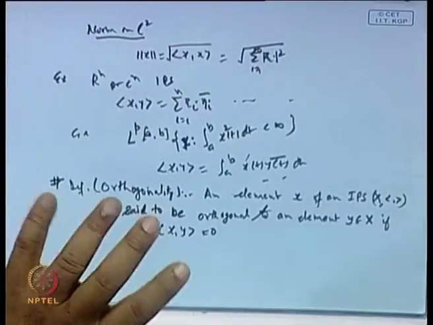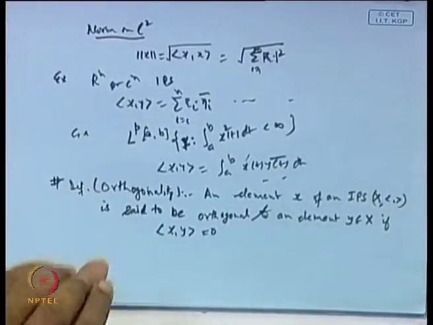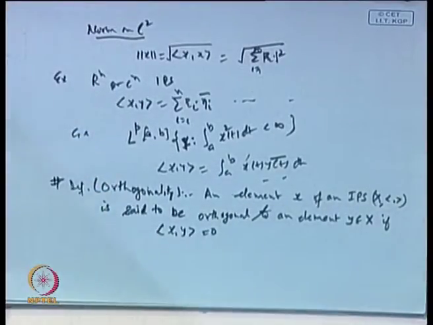It means that we take an element x, then find the inner product with other elements of X, and if the inner product comes out to be 0, then for those elements y1, y2, up to yn we say x is orthogonal to those elements.